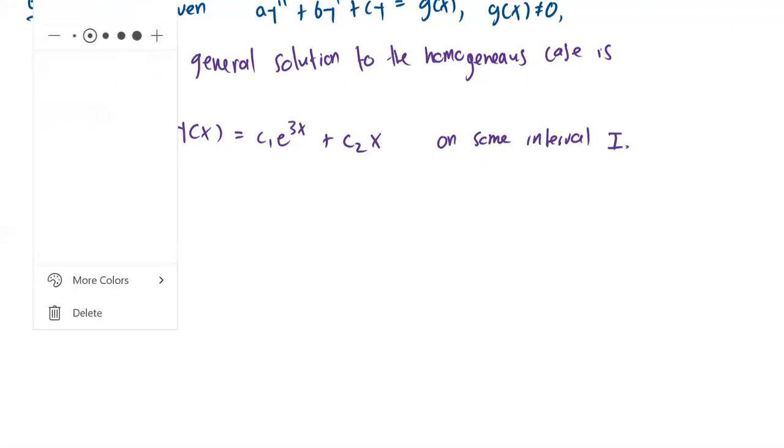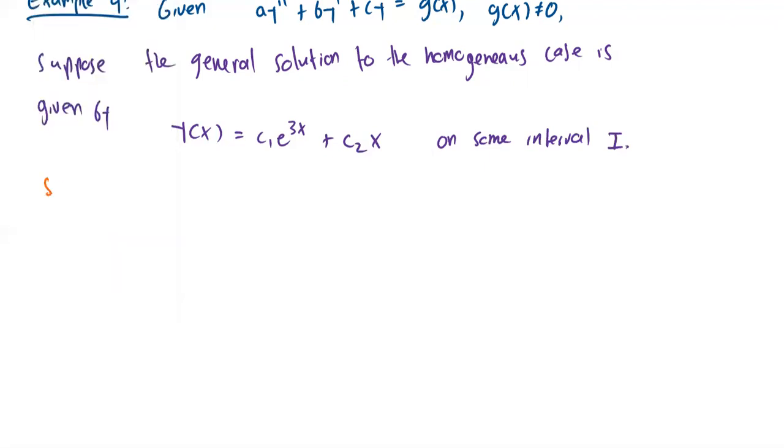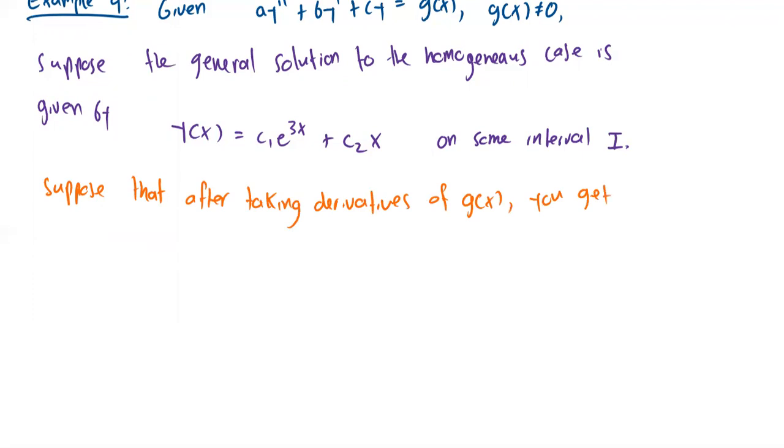And then furthermore, suppose that after taking derivatives of g of x, right, the right-hand side, you get the terms: e to the x, e to the 3x, x, and x.